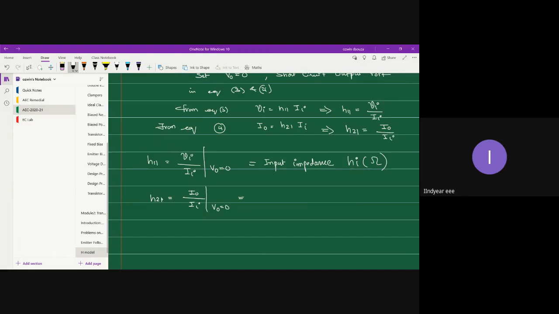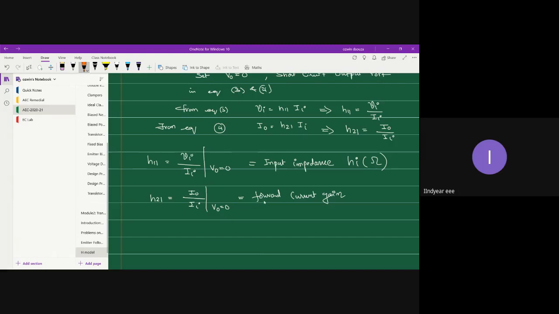So H21 follows that particular relation, that is output parameter divided by input parameter. So I naught by Ii is taken as, sorry, forward current gain.